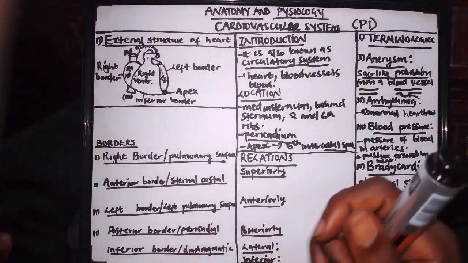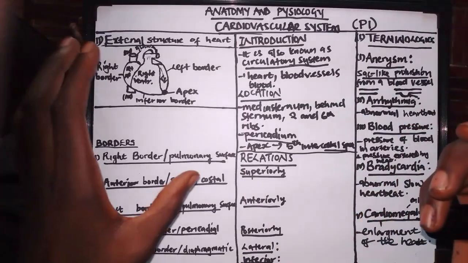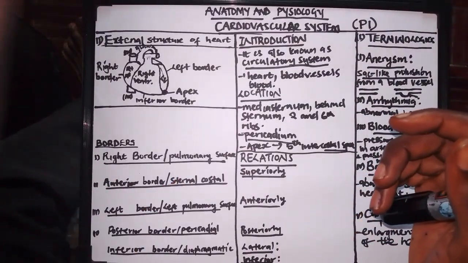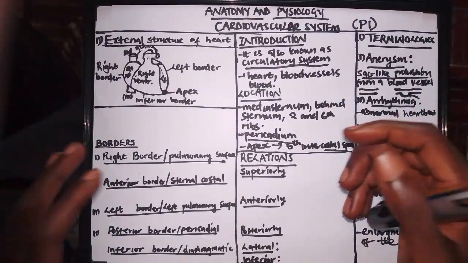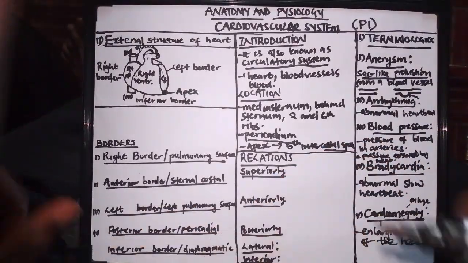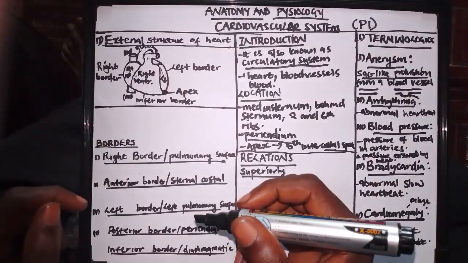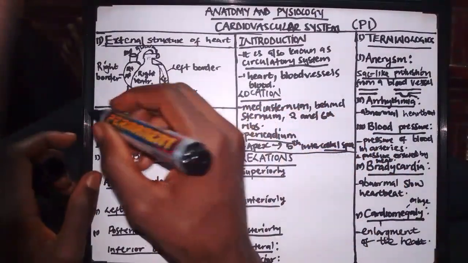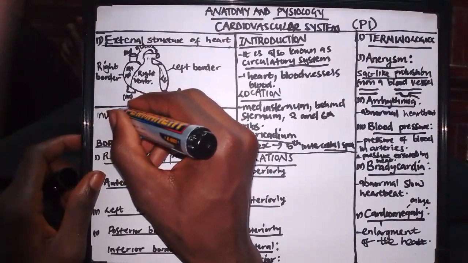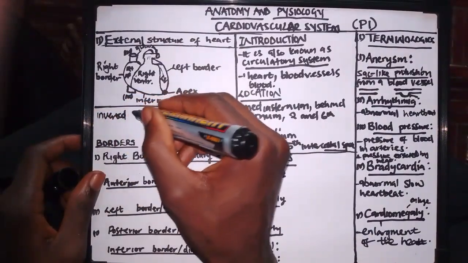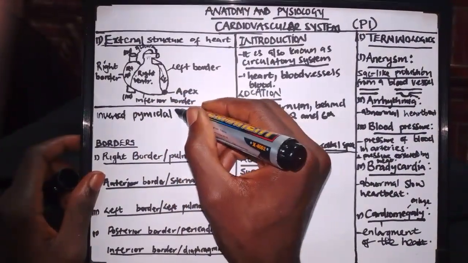And these chambers are organized in an inverted pyramidal orientation. What do we mean? So we say that the chambers and structures form an inverted pyramidal orientation.